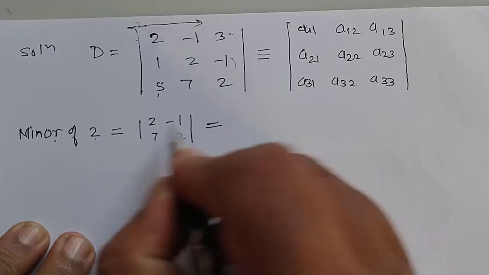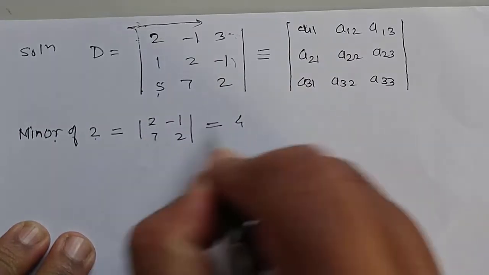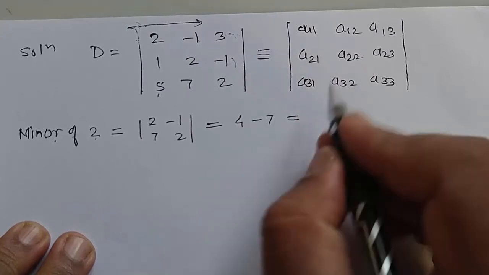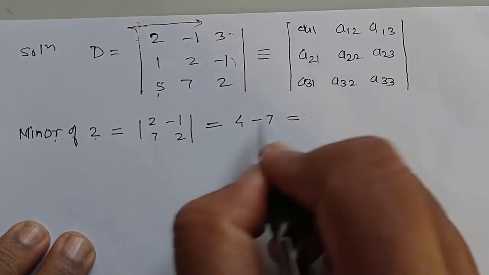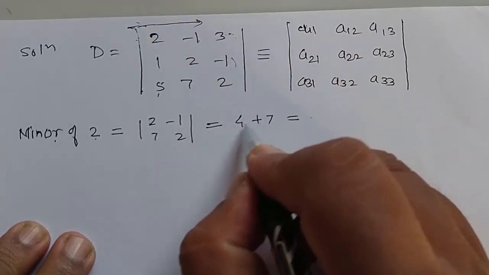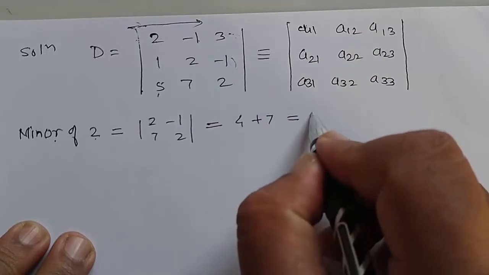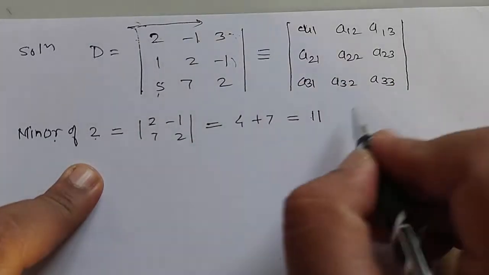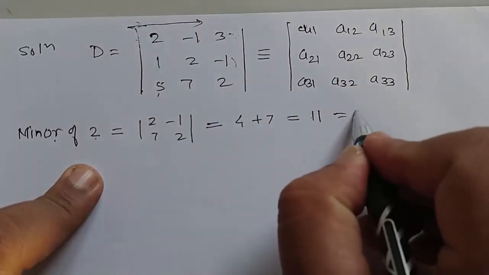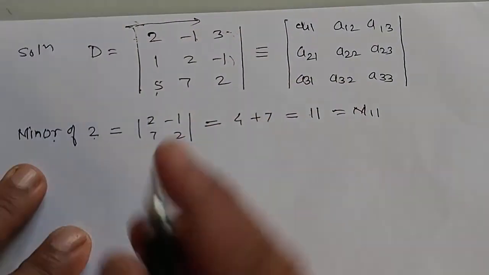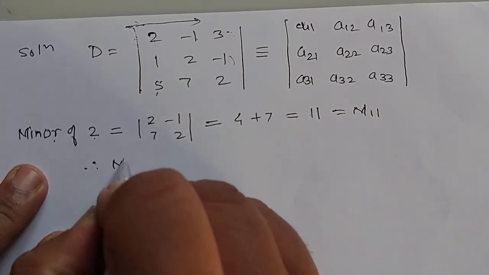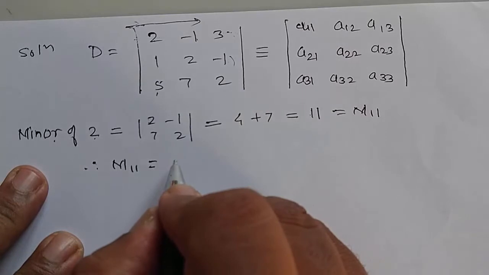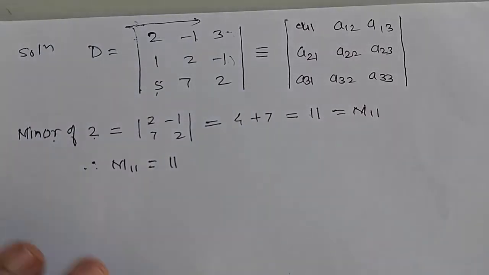Its value is 2 into 2 is 4, minus minus becomes plus 7, so 7 plus 4 is 11. This is the minor of 2, denoted by M11 is equal to 11.